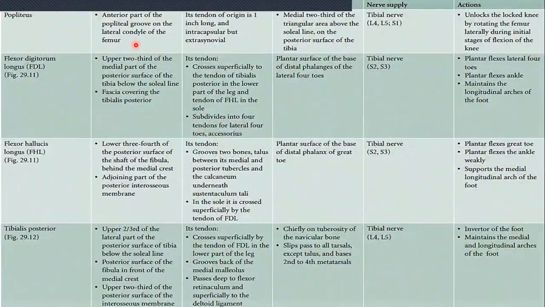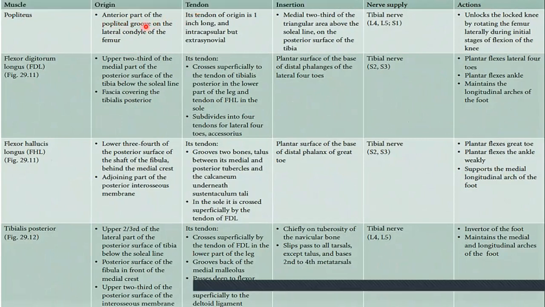Okay, now let's look at the deep muscles. Popliteus originates from the anterior part of the popliteal groove on the lateral condyle of femur to insert into the middle 2/3 of the triangular area above the soleus line on the posterior surface of tibia. Okay, the popliteal surface of tibia.